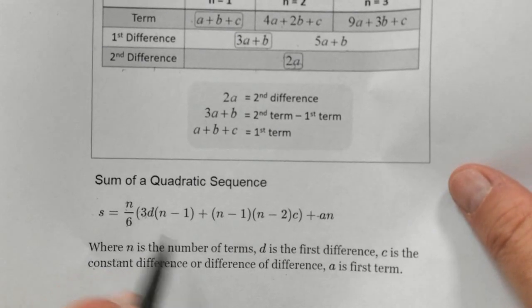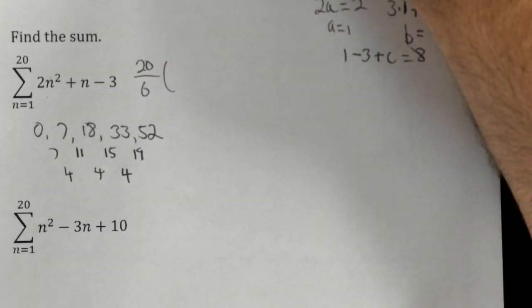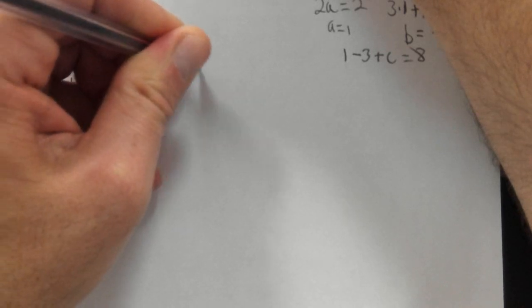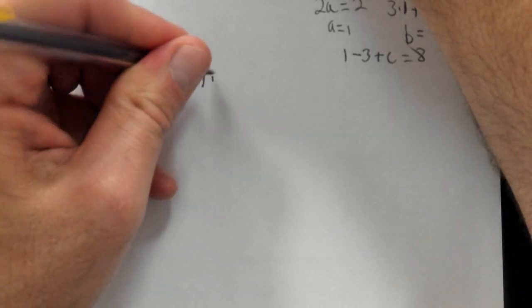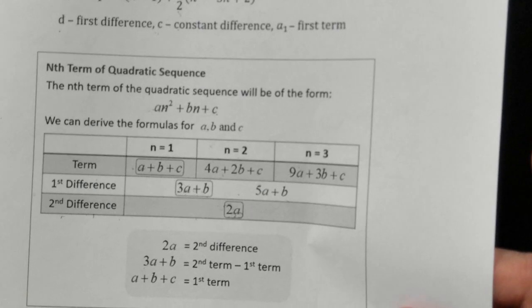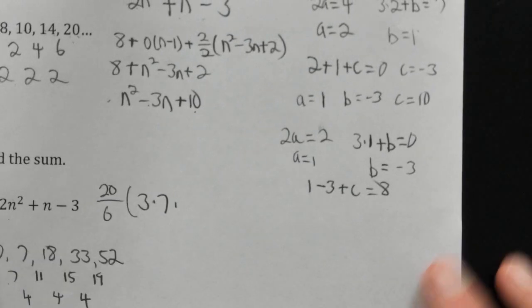So now, back to the formula. I'm looking for 3D, and remember D is the first difference. So that's going to be 3 times 7, because 7 is your first difference, times, what's the rest of it? N minus 1. And what's your N? 20.